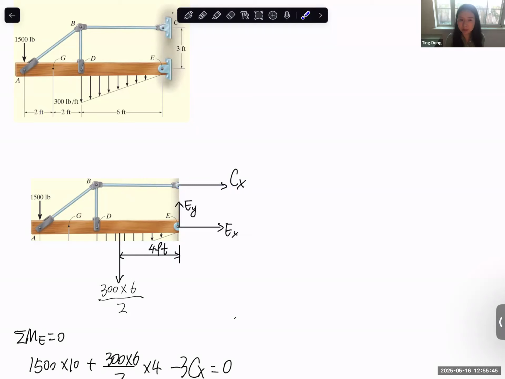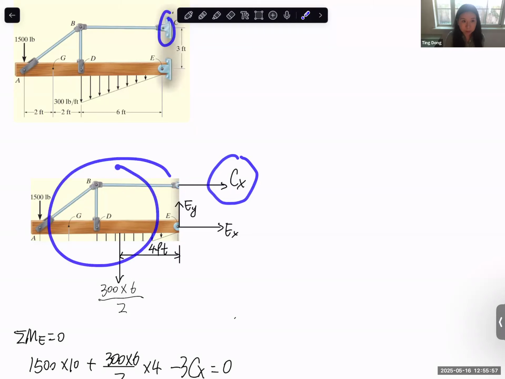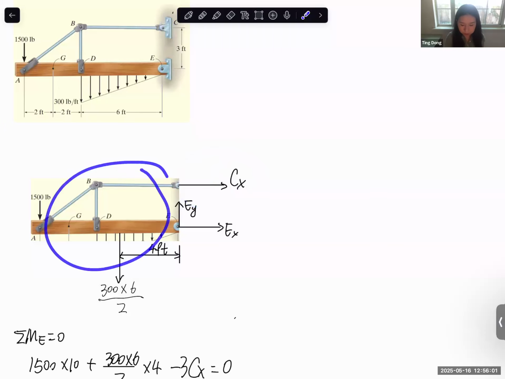And since it's tension, it's the same sign, all positive. But this is a reaction force applied by the pin joint to the whole structure. So when we do the free body diagram of the entire structure, this is considered a reaction force, one of the external applied forces.